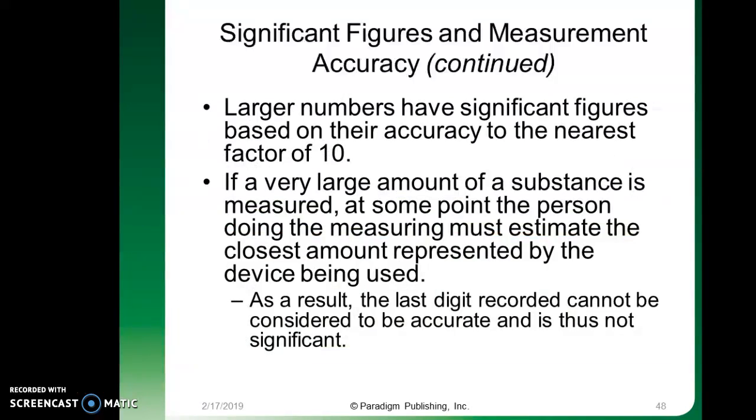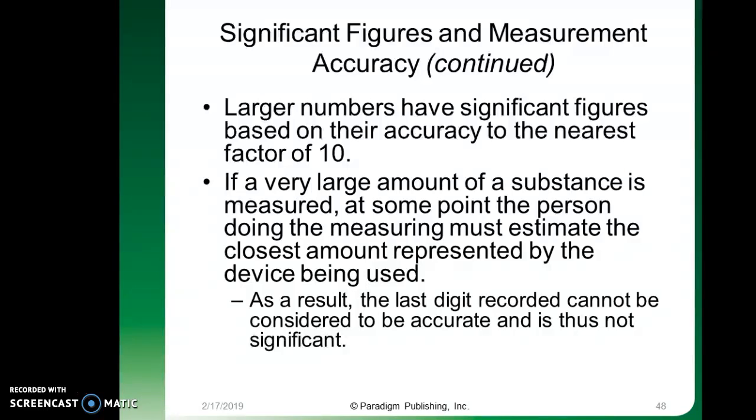So large numbers have significant figures based on their accuracy to the nearest factor of 10. If a very large number of a substance is measured, at some point the person doing the measurement must estimate the closest amount represented by the device being used. Like we were talking about weighing measurements, scales, for example.